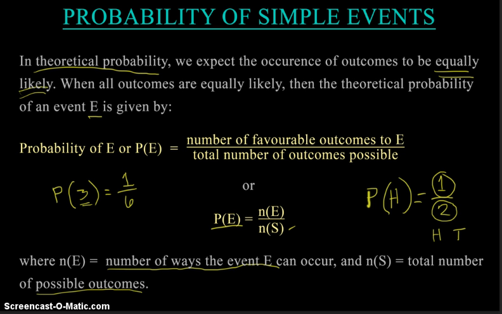Tapos yung choices natin doon is 6. 1, 2, 6. So the total number of outcomes doon is 6. Okay, so ang probability na makuha natin yung 3 or lumabas yung 3 ay 1 by 6. Okay?